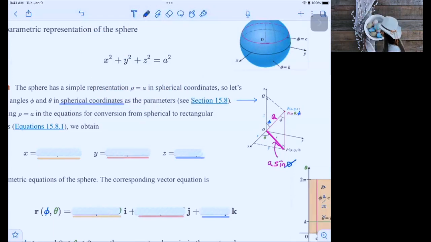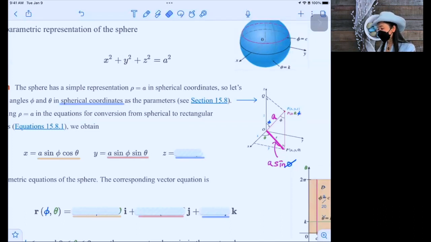Now we're going to consider this right triangle down here. So x is the adjacent side of this angle theta. So what does x equal to? X equal to this times the cosine of theta. So x is equal to a sine phi cosine theta. And similarly, what does y equal to? A sine phi sine theta.